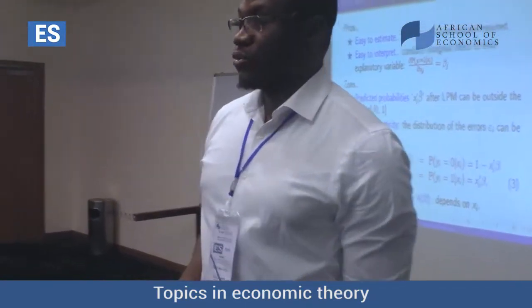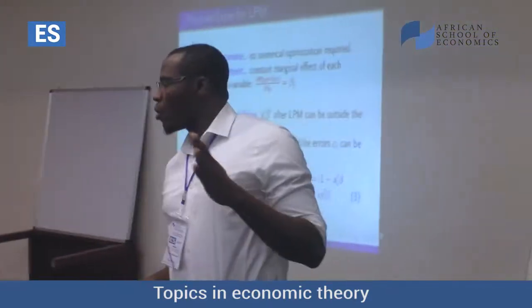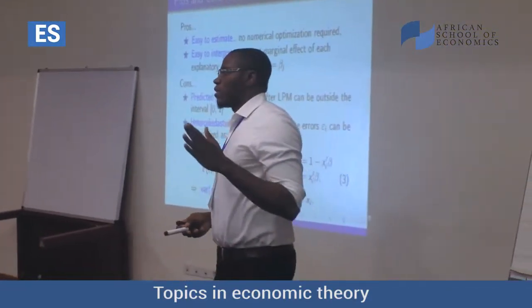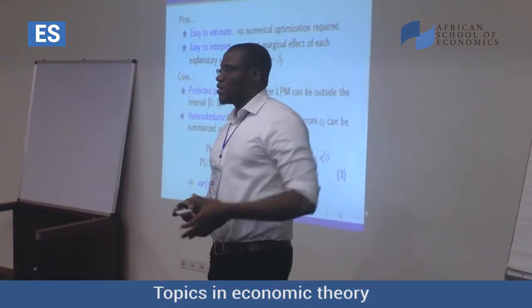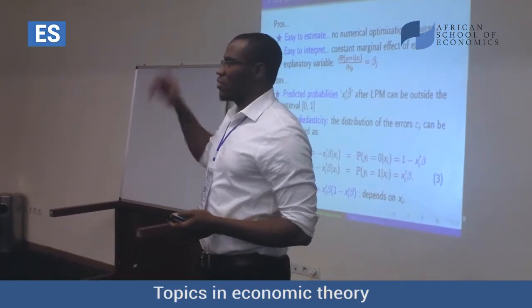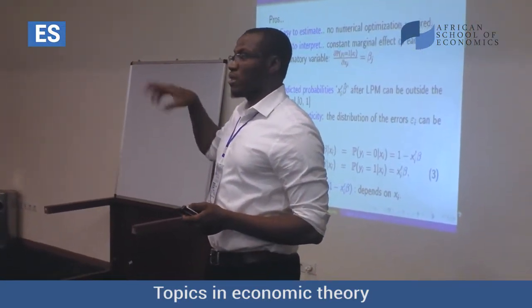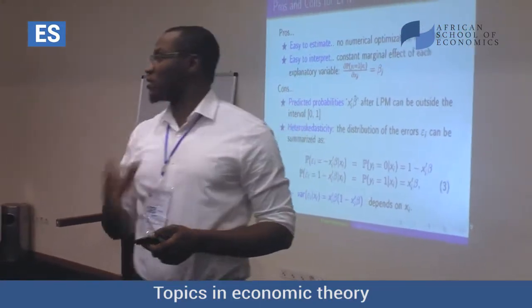There is another issue that's even worse. Suppose that you have a treatment effect model. The dependent variable is the probability, and then one of your key right-hand side variables is treatment, whether the person is treated or not. I want to see the impact of the treatment on the probability of getting something.